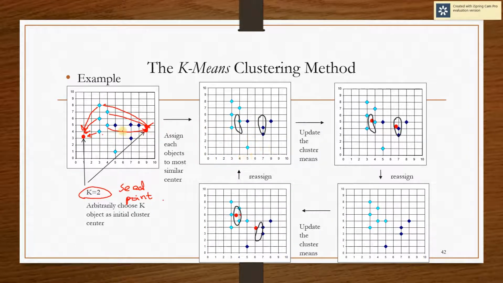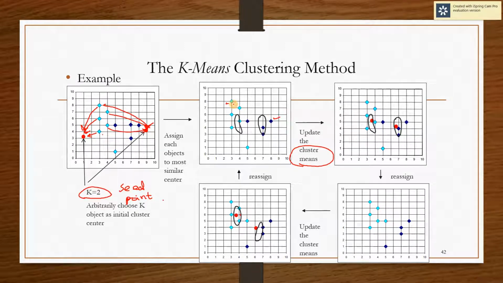So for example, this is the first iteration of your centroids. Then you have to define a new centroid here based on the cluster mean. For example, here you have these light blue clusters and dark blue clusters.